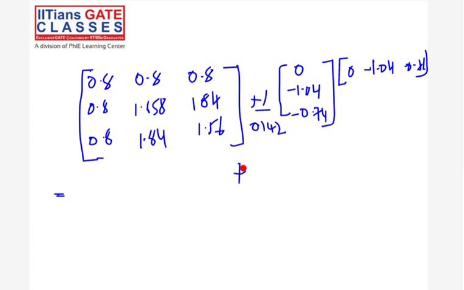So are you guys getting the value? So it will be this 0, 0, 0, 0, and 0, right? Divided by 0.14. Okay.